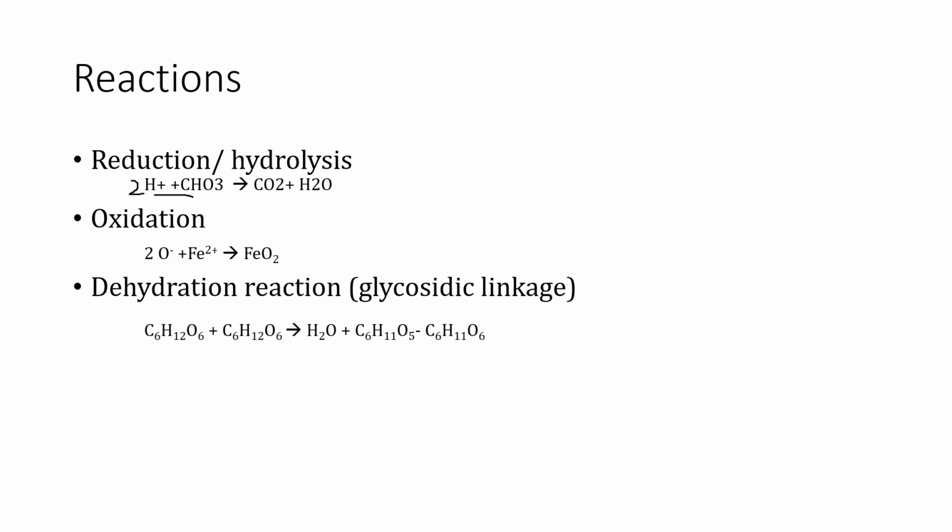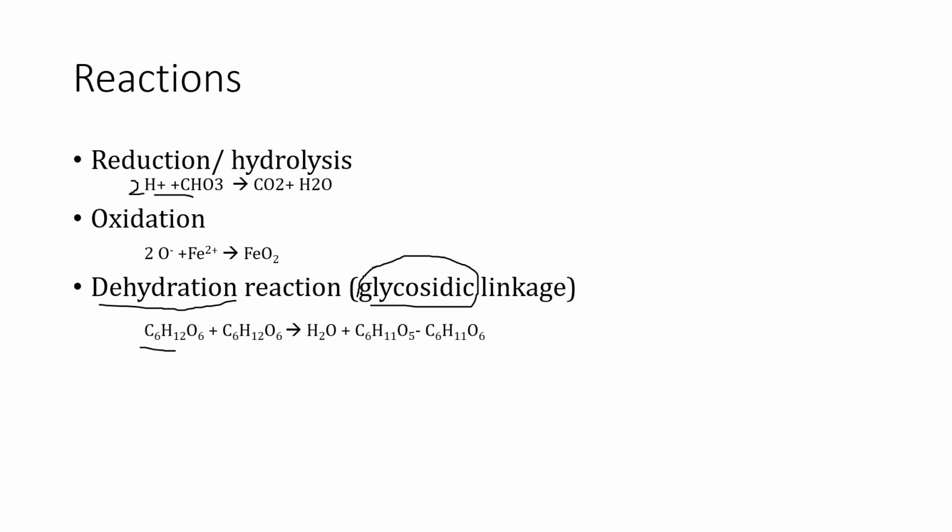Oxidation, you have oxygen, free radical, you have iron, and what you have is oxygen binding to something to neutralize the charges as well. Besides that, we do have also things called dehydration reactions. Dehydration reactions means you're removing water to link things here. Now, I'm actually going to use a linking of sugar.